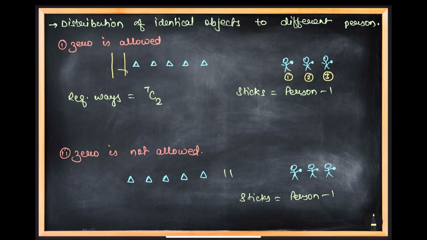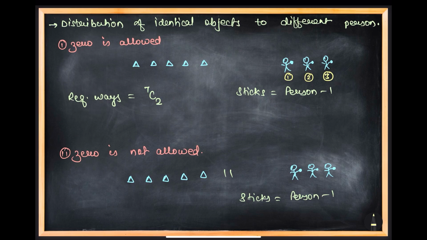Okay, and this is the case where 0 is allowed. Suppose you have placed your sticks somewhere here. This means person 1 will be taking 2 samosas, person 2 will be taking 2 samosas, and the third will be taking 1 samosa. And there are all the different ways to handle this situation.